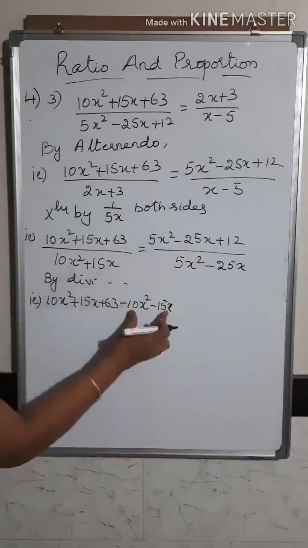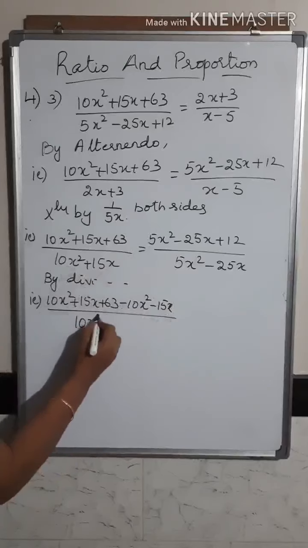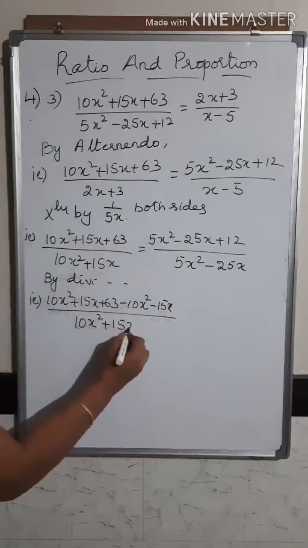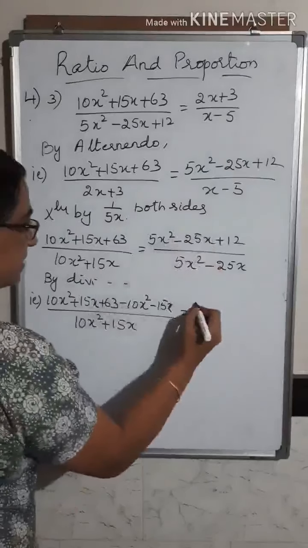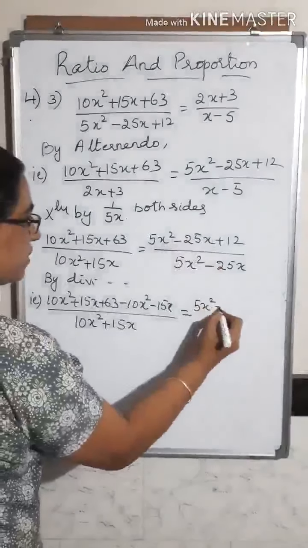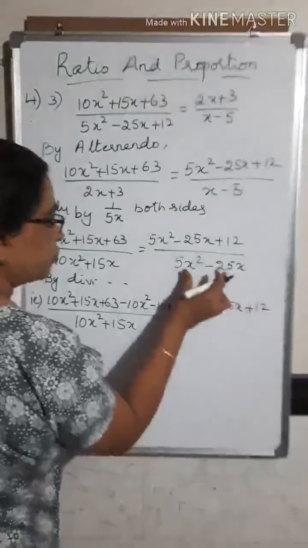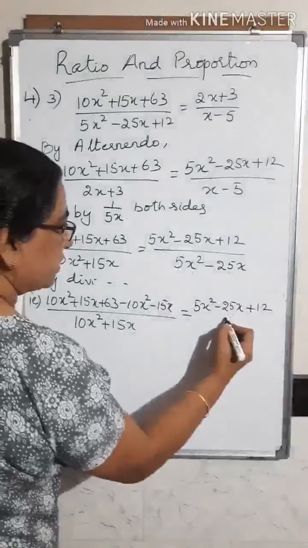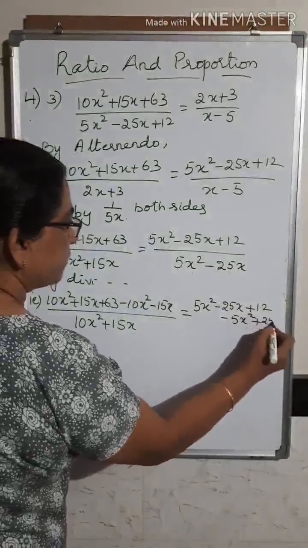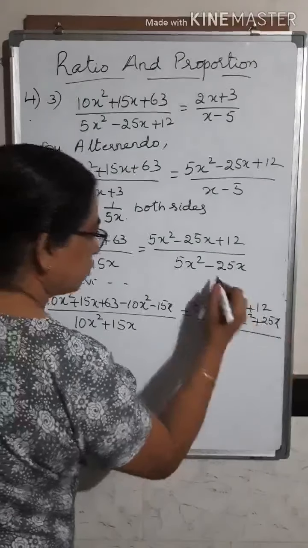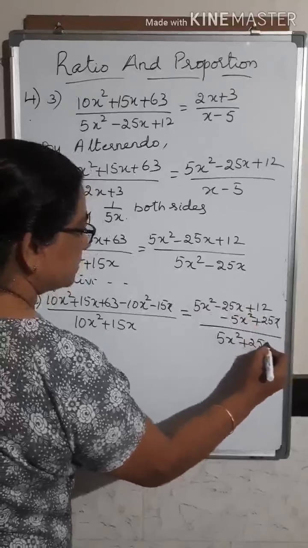Both the terms with the minus sign you have to write. And in the denominator you have to write the same thing, plus 15x. On the other side, numerator as it is, 5x square minus 25x plus 12. I have to change the sign and write it. So I'll write it down here, minus 5x square plus 25x. And in the denominator write that 5x square plus 25x as it is.